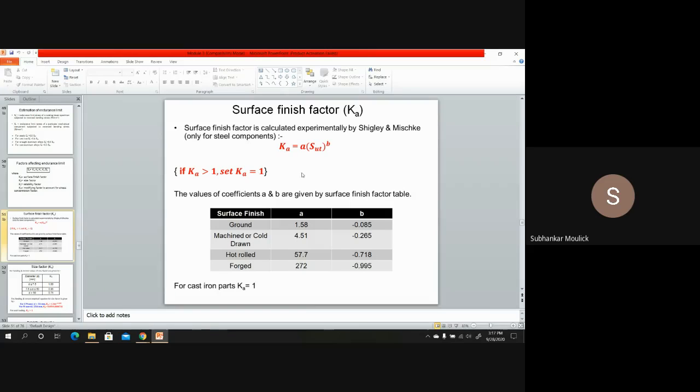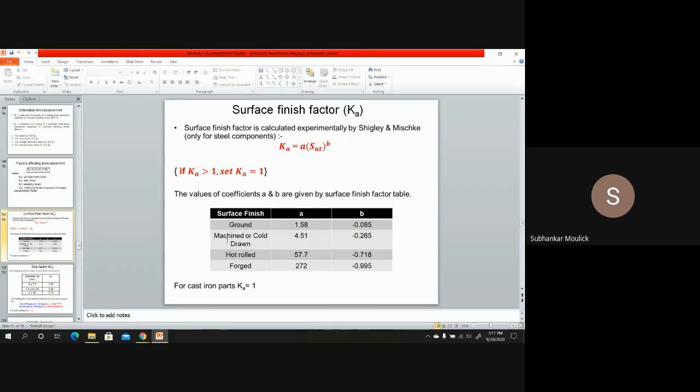For steel components, the surface finish factor is given by Ka is equal to A into SUT to the power B. What are A and B? A and B are the coefficients that are given in the surface finish table.